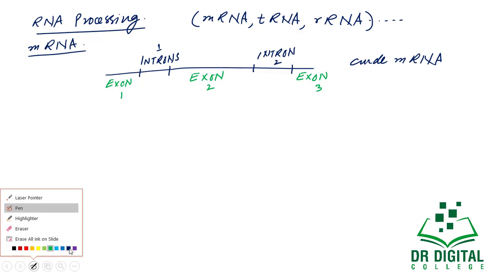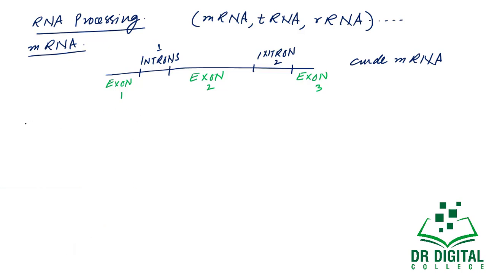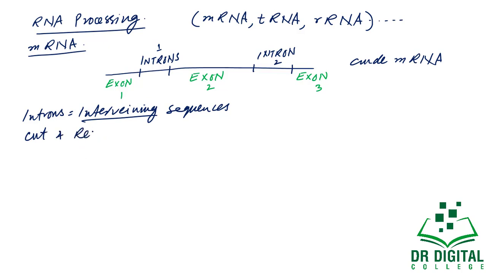Okay, so introns can be called intervening sequences, or you could say they are interrupting sequences. They are cut and removed. Some genes may not have any introns, while other genes may have 1, 2 or many introns.